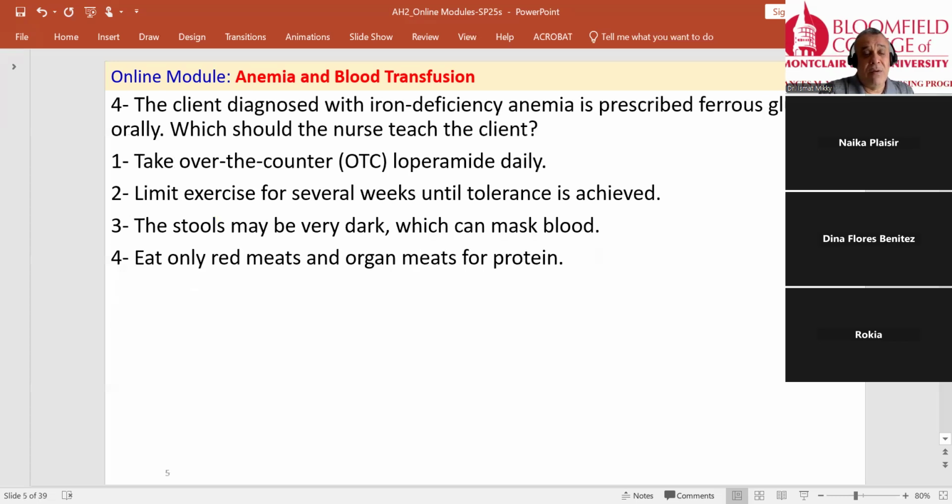Okay. Number 4, please. The client diagnosed with iron deficiency anemia is prescribed ferrous gluconate orally. Which should the nurse teach the client?